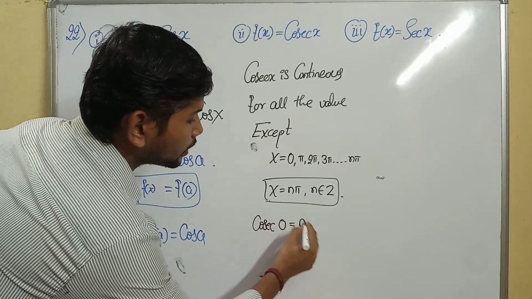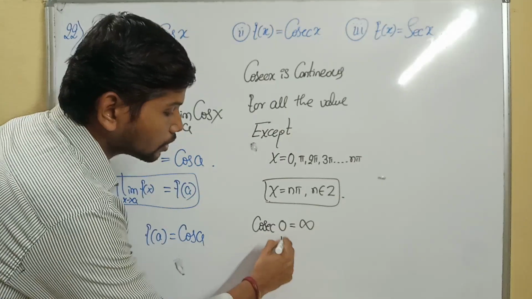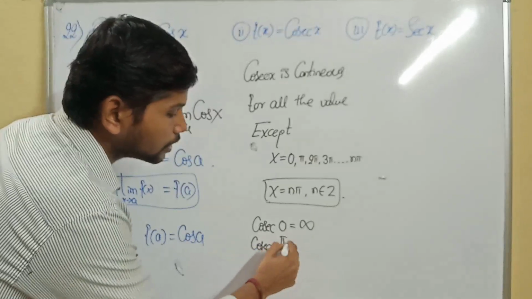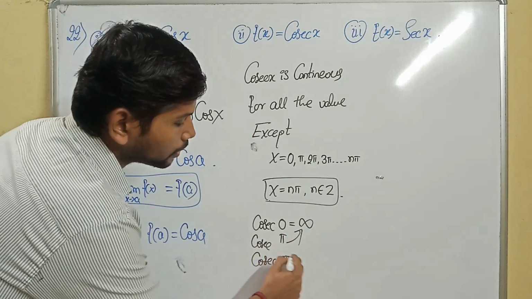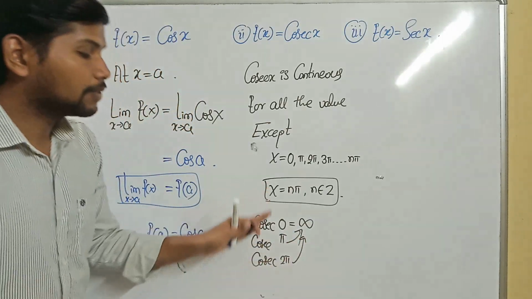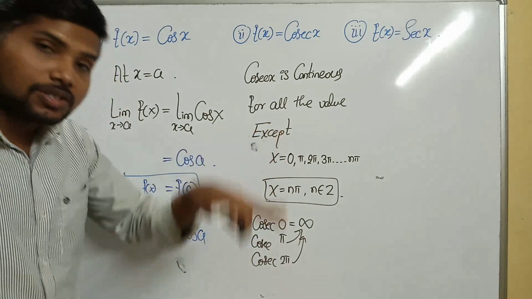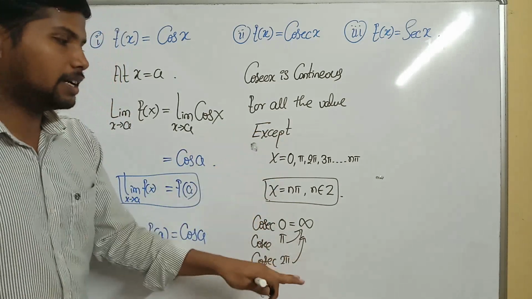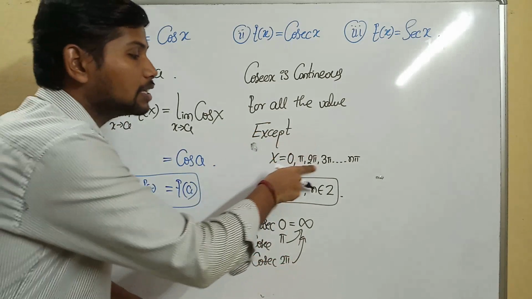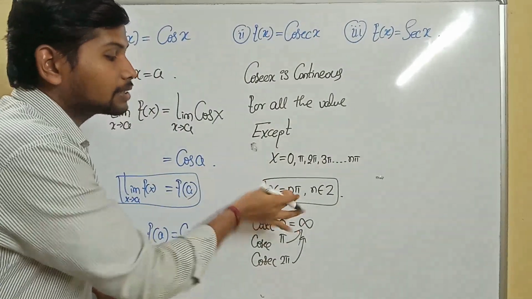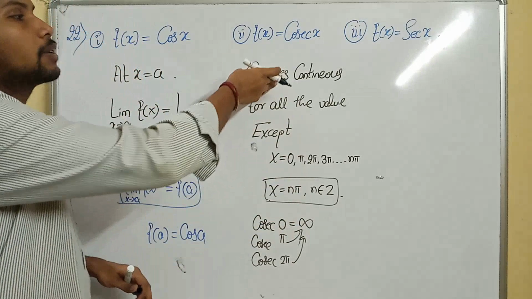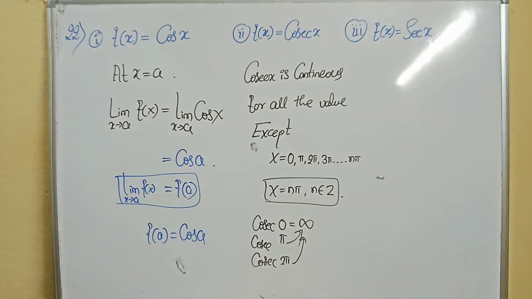Cosecant of 0 will be indeterminate, cosecant of pi will be indeterminate, cosecant of 2 pi will be indeterminate. For that reason, wherever sine is 0, cosecant will be indeterminate. For that reason, for these angles, cosecant is not defined. That's why except these points, we are going to say cosecant is continuous.